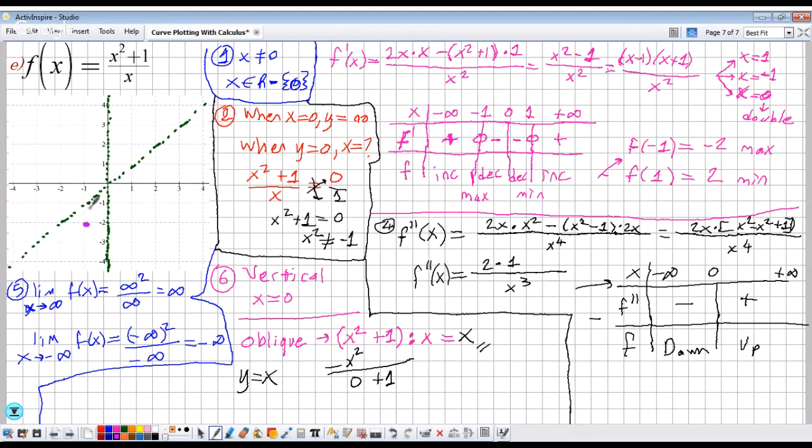It is a maximum point. So then when x is equal to 1, result is 2. This is a minimum point. Did I find any other clear points? No. So now it is time to start to draw the graph.